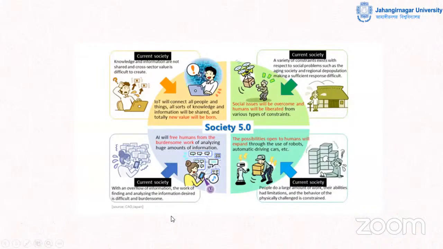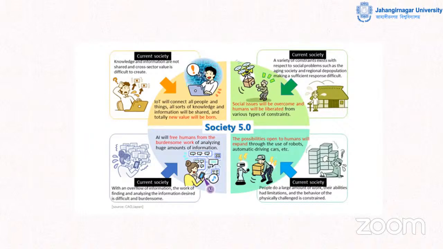So in the current society, we are in the information society. The cross-sectional sharing of knowledge and information is happening, but it's not enough. We need more cooperation, which is more difficult: technology sharing between two domains or two technologies.